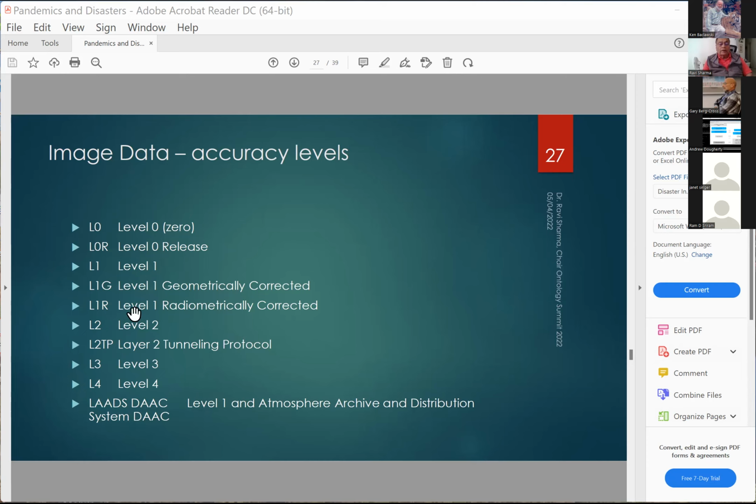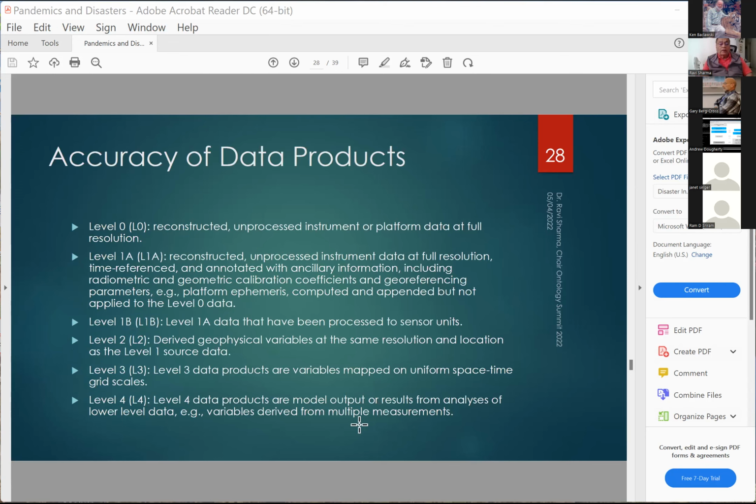And then if you want the measurement of the reflectance, scattering, or other intensities, then you want level 1 radiometrically corrected. Like this, different protocols are used, and these are the levels, L0 to L4, 5 levels of data available in the archives.